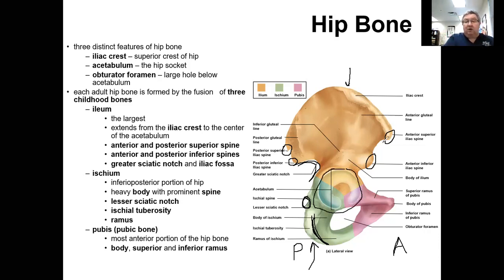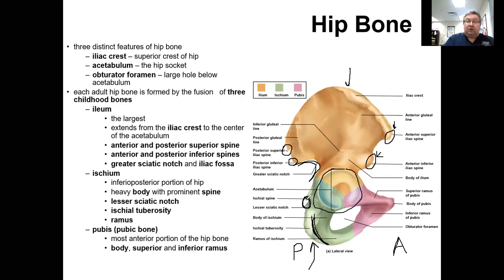You're going to need to know the ASIS and the AIIS, these two areas here. You're going to need to know the PSIS and the PIIS on the posterior side. You're going to need to know the greater and lesser sciatic notch. And you're going to need to know the ischial tuberosity.